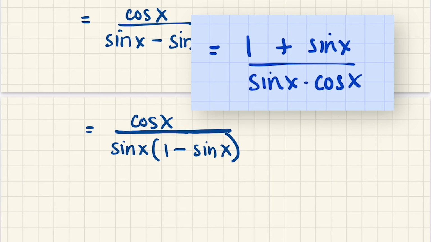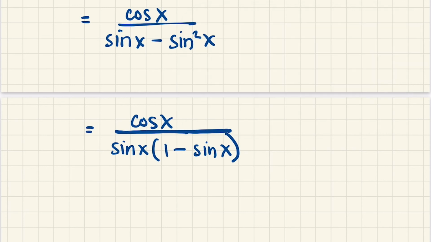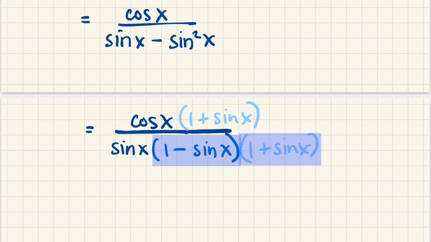But what we can do is multiply the top and the bottom here by 1 plus sine of x. Because what we've done is we've manufactured an a minus b times a plus b situation, which is a difference of squares.